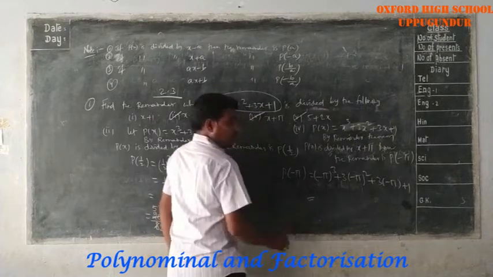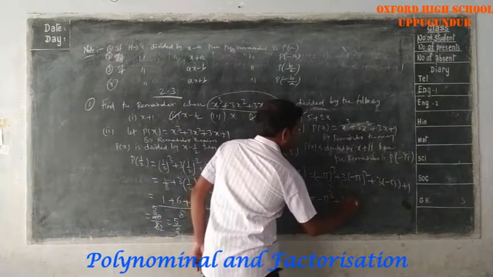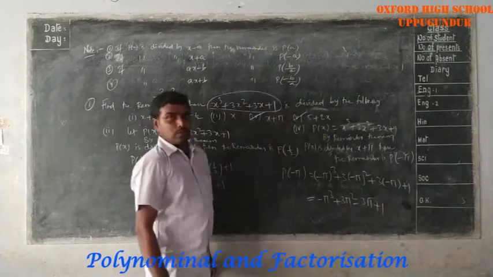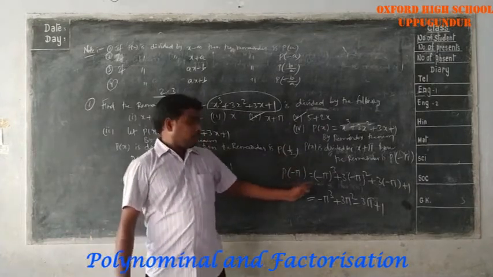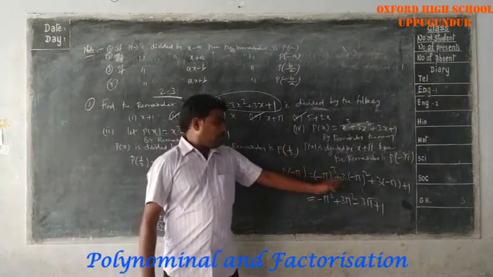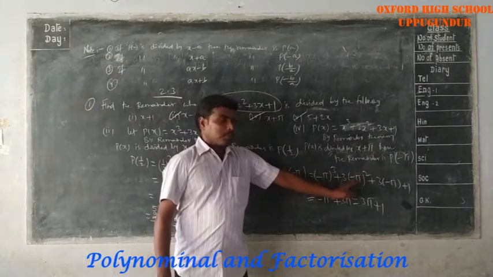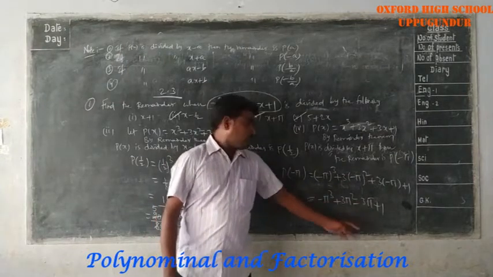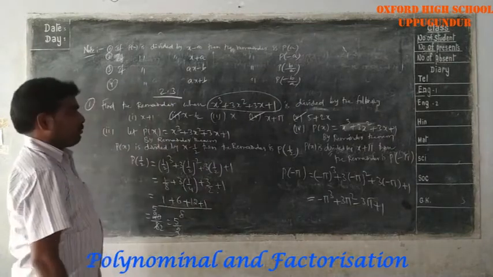So (minus pi) whole cube is minus pi cube, plus 3 pi square minus 3 pi plus 1. So this is the remainder. When you substitute minus pi in place of x, you get minus pi cube plus, (minus pi) whole square is positive, plus pi square, so plus 3 pi square minus 3 pi plus 1. This is the remainder. Next, fifth one.